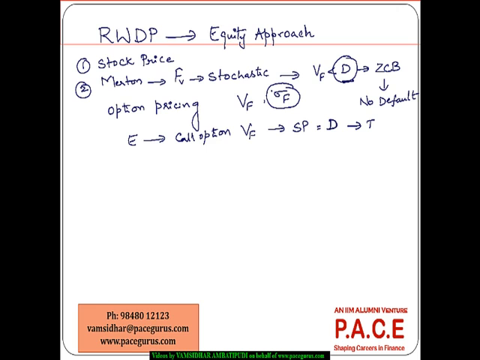We are looking at it as sigma. And based on this, we can apply the option pricing formula to compute the call option, which will give me the price of the equity, the value of the equity.